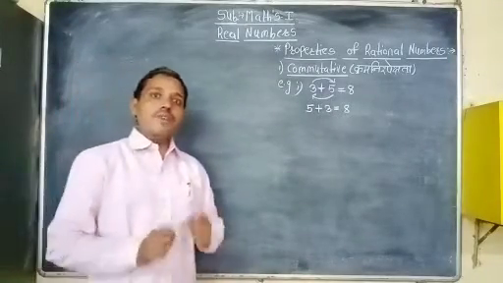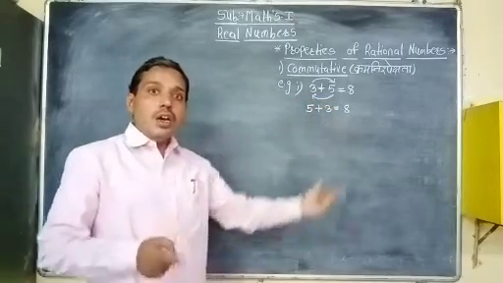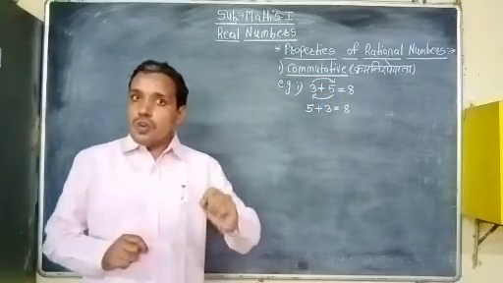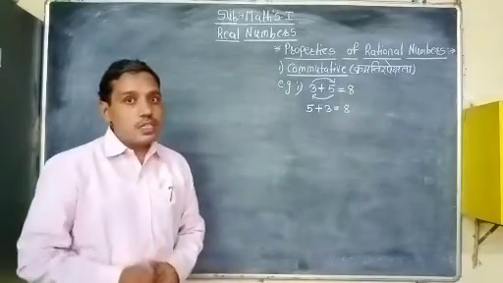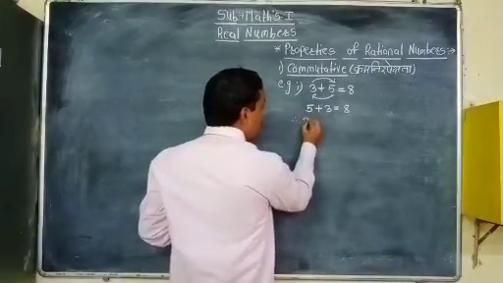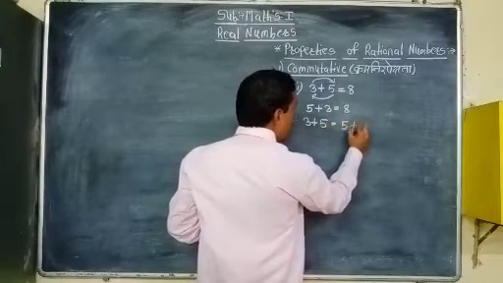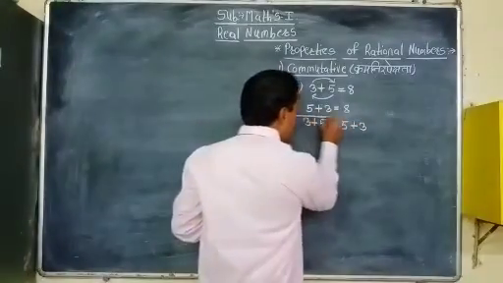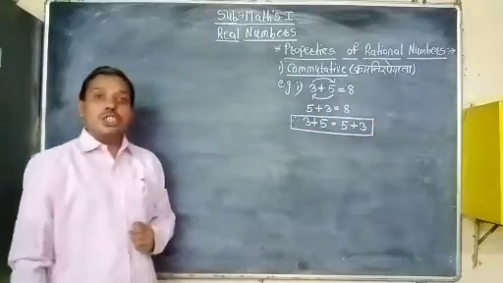That means if we interchange the positions of the numbers in the addition of two numbers, the answer never changes. The answer is stable, and therefore we write 3 plus 5 is equal to 5 plus 3. The answer will never change.